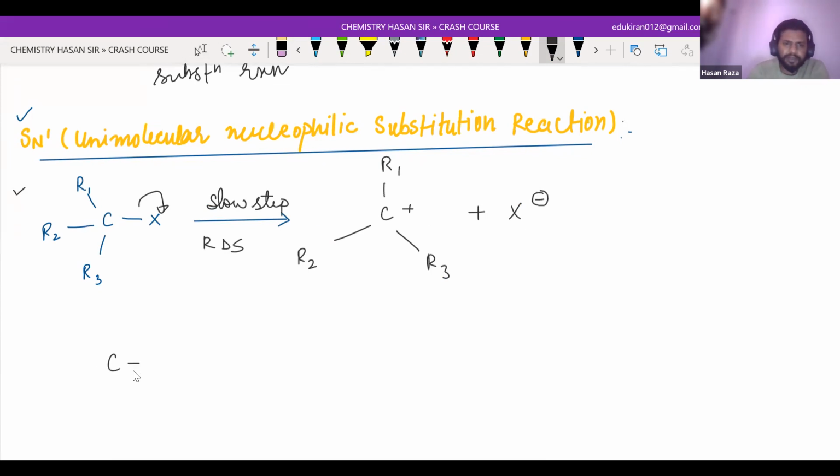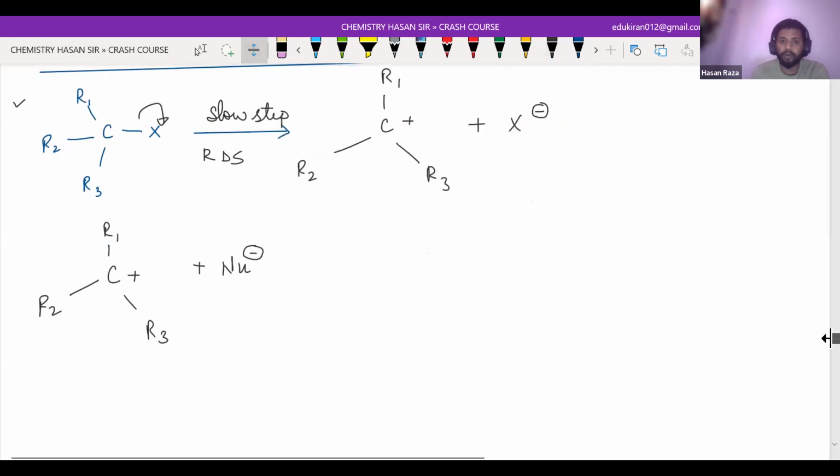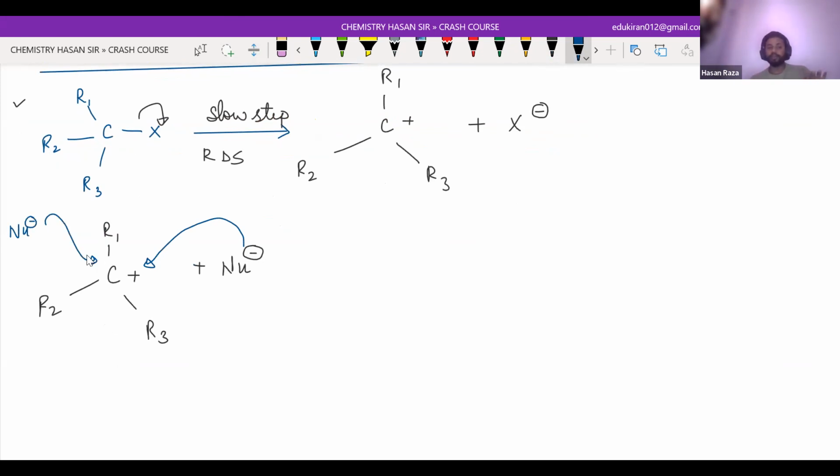After this, in the second step, you can see R1, R2, and R3 will react with the nucleophile. It's very important to note here that the nucleophile can attack from the front, and the nucleophile can attack from the back as well. It will not matter because there is a formation of carbocation.